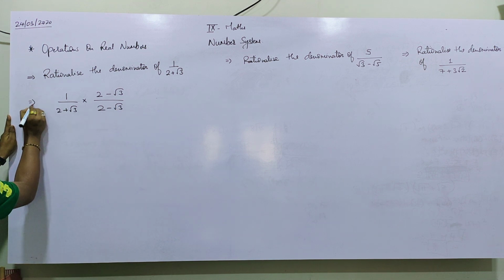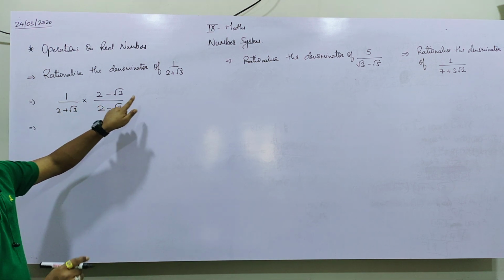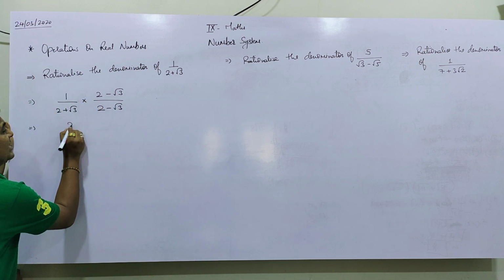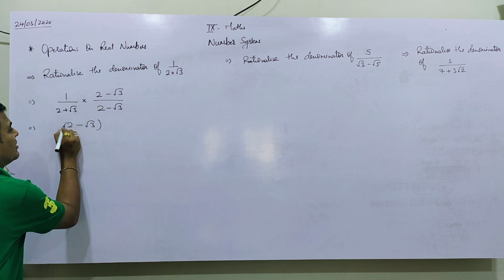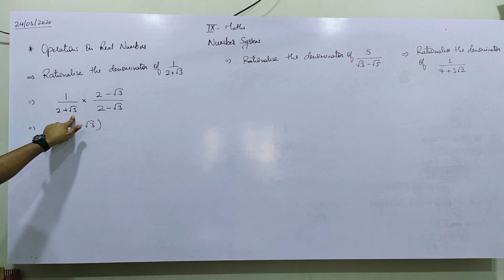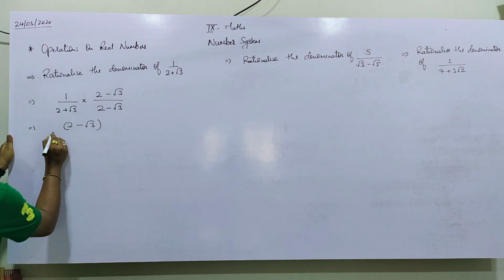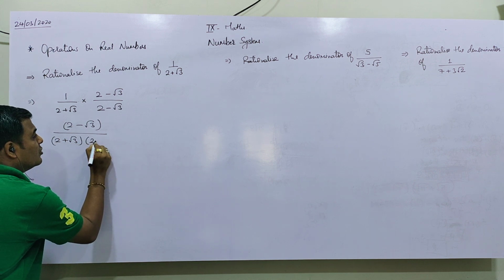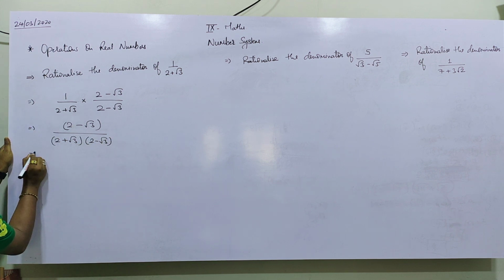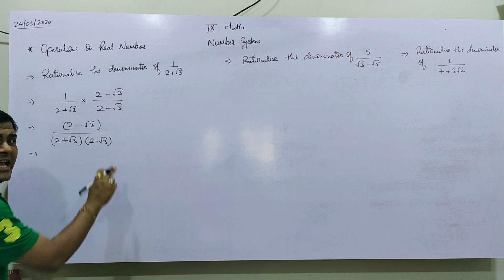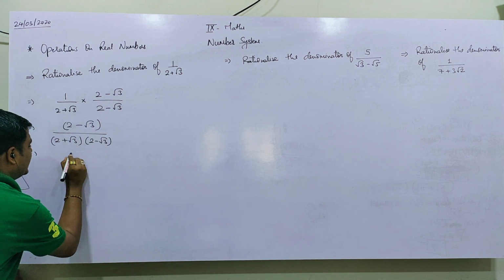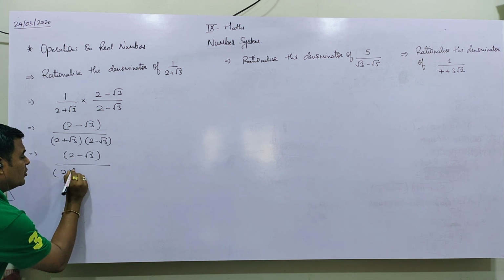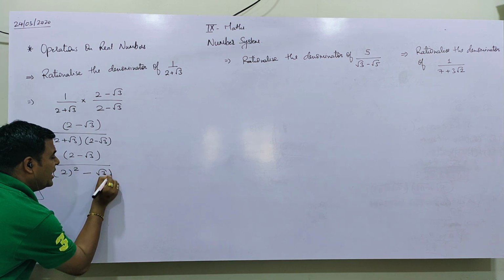Now, 2 minus root 3 multiplied by 1 will give us 2 minus root 3. In the denominator, let us write 2 plus root 3 into 2 minus root 3. Now this gives us an idea of the identity: 2 minus root 3 upon 2 whole square minus root 3 whole square.